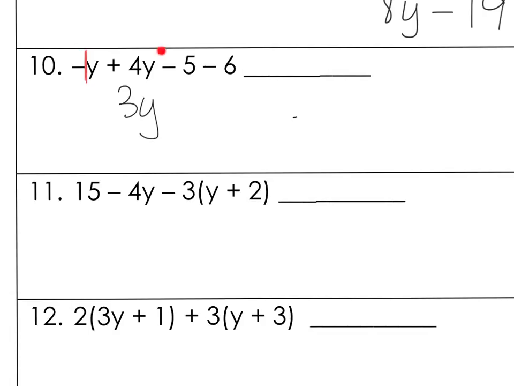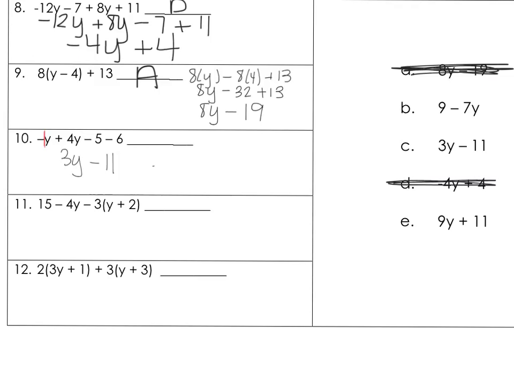And then I also have negative 5 minus 6, which is negative 11. If I look over at my answer key, I have a 3y minus 11, which is C. And then I'm almost home free. I've got 2 more that I need to do.